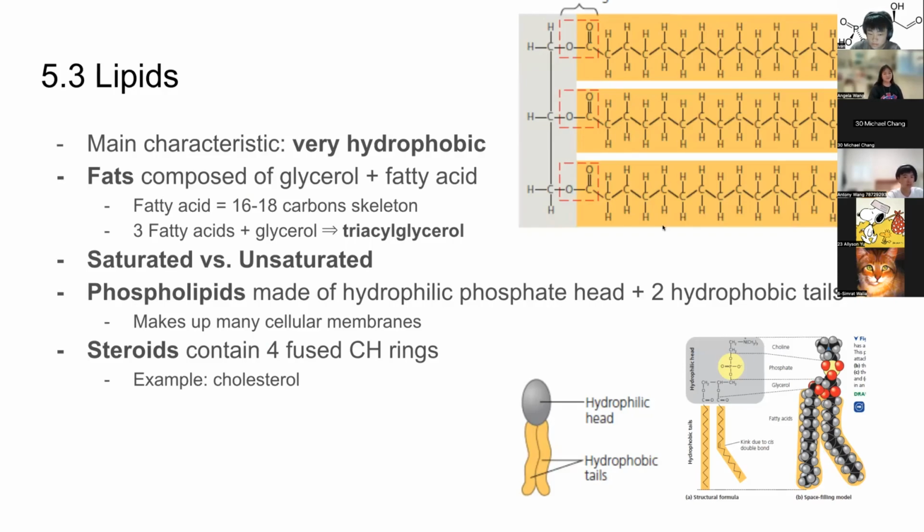CH is very nonpolar. Fats are composed of a glycerol group on the left, in gray, and fatty acids, in yellow. A fatty acid is a 16 to 18 carbon skeleton, and it could vary in number. Three fatty acids and a glycerol group form a triacylglycerol, which is pretty self-evident by the name.